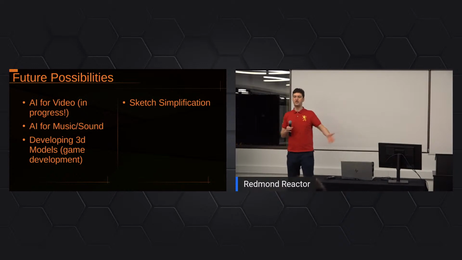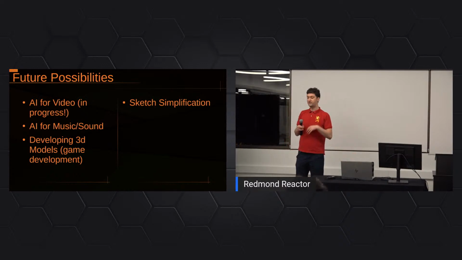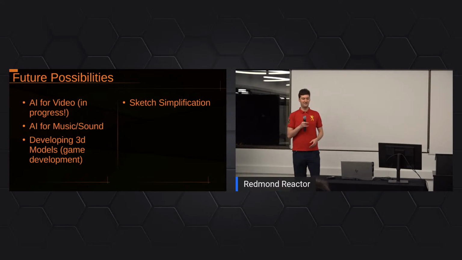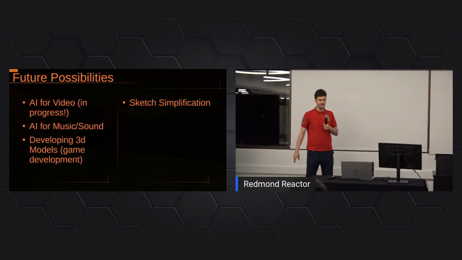AI for music, audio and sound, which is also quite in development. Developing 3D models, 3D meshes essentially, for games and all sorts of cool stuff like that. And sketch simplification, which is very near and dear to my heart as someone who, as you can see, makes a lot of sketches. Sketch simplification is basically using computer vision to create line art from sketches, turning a sketch into a finished product, basically.